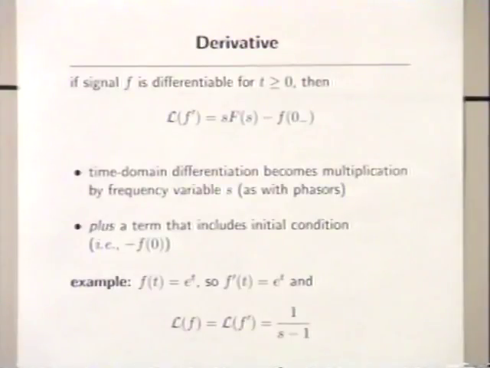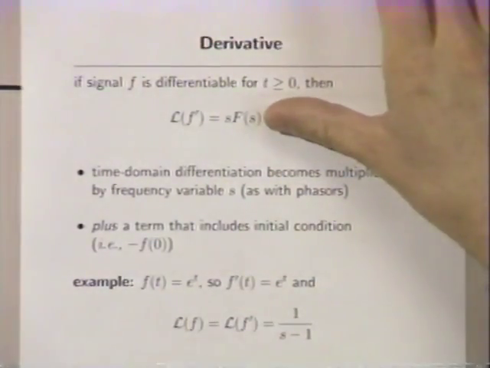So that's sort of the idea. In other words, in the phasor transform, time domain differentiation becomes multiplication by j omega, multiplication by the frequency variable. Same thing happens here if you ignore this second term.